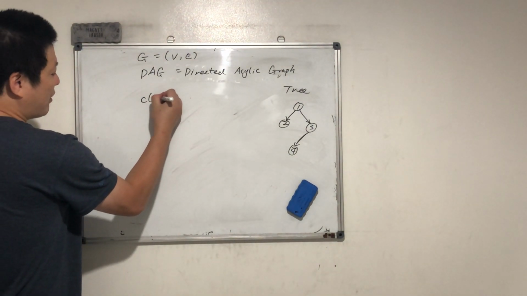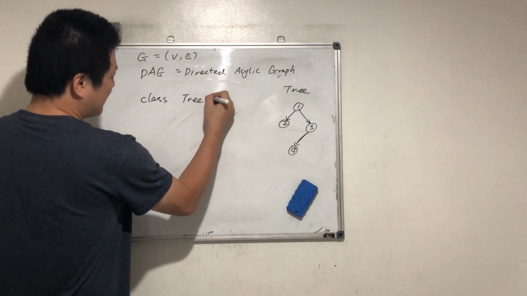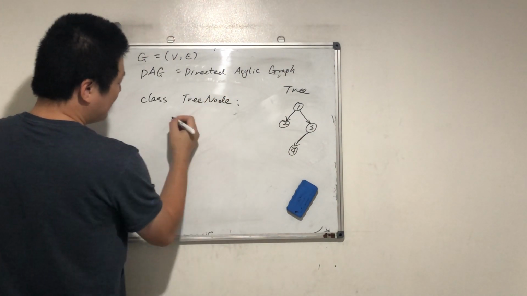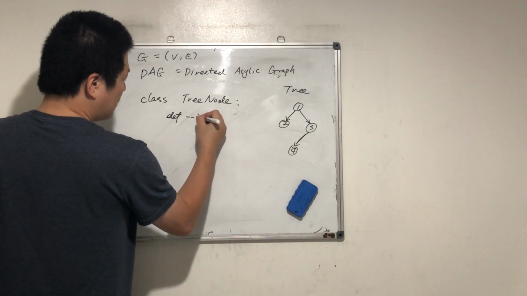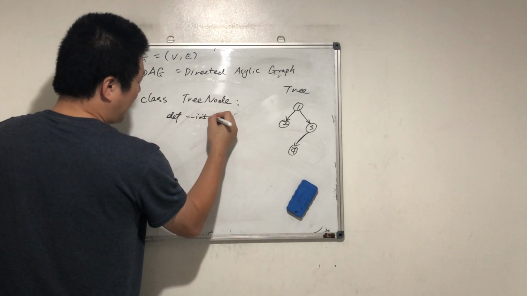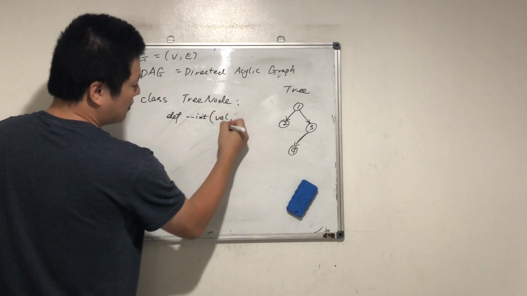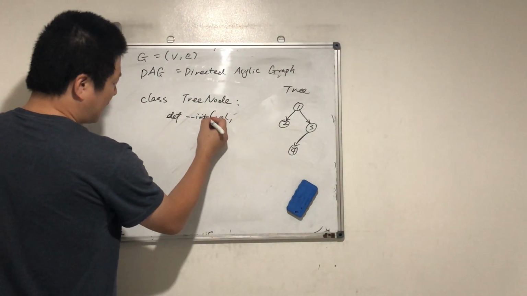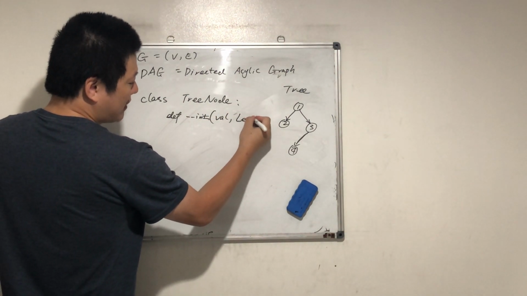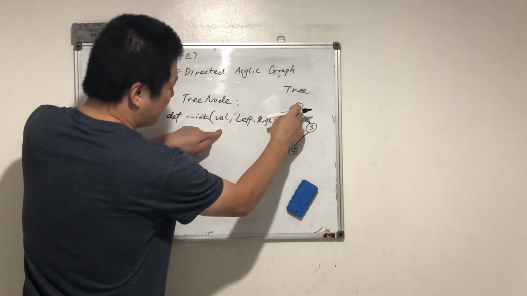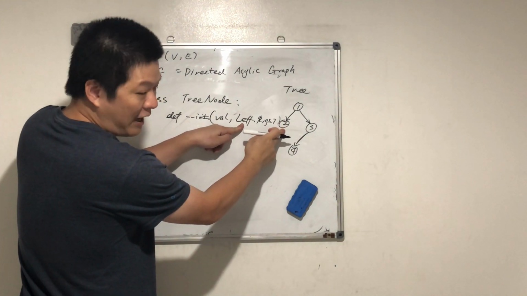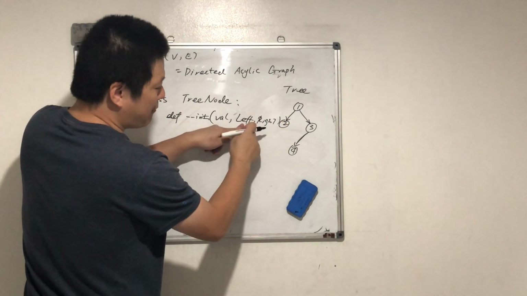Remember the tree node we define as this. Define tree node, init, and value, left, and then right. This is the value for the node, and left points to the left node, and right points to the right node.